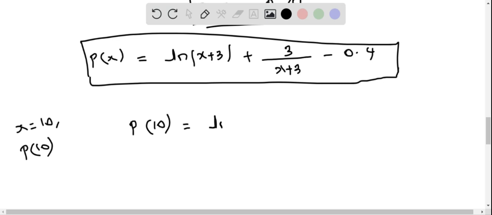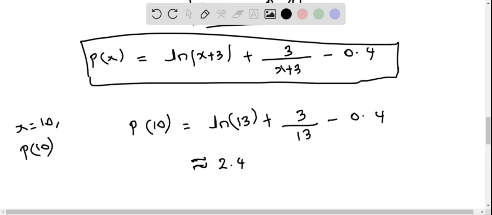So let's do that. P of 10 is equal to the natural logarithm of 10 plus 3, which is 13, plus 3 over 10 plus 3, which is again 3 over 13, minus 0.04. We can plug this into the calculator, and after doing that we get approximately 2.4.